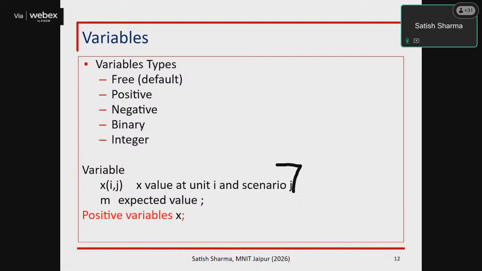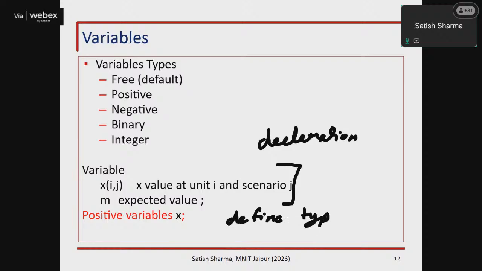So this is basically the declaration, and then this is where we are defining the type of variable. We are defining the different types of variable; by default different types are available.